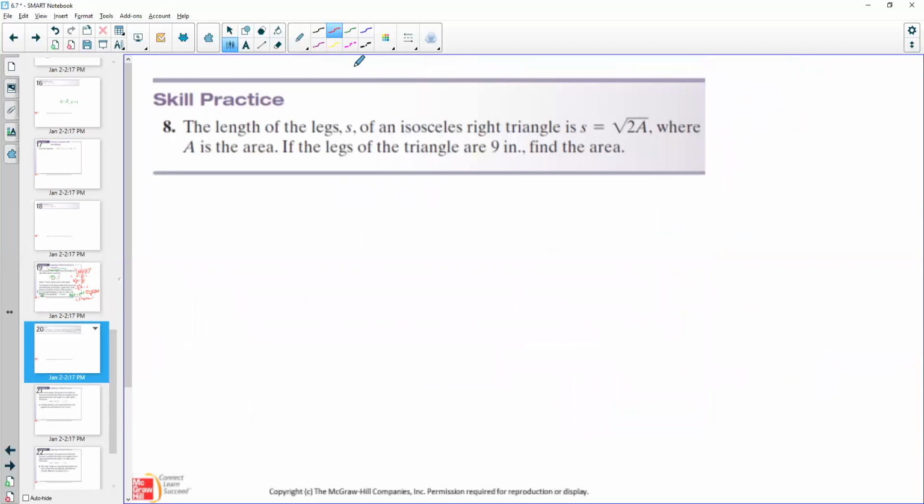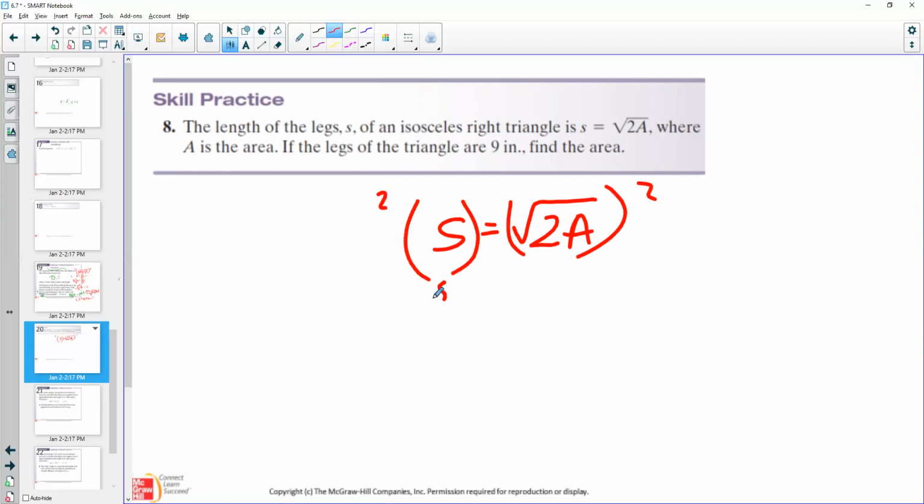The length of the legs S of an isosceles triangle is S equals the square root of 2a, where a is the area. If the legs are 9 inches, find the area. Well, we're going to treat this one the same way. We're going to change the formula first. So let's square both sides. I get S squared equals 2a, divided by 2.